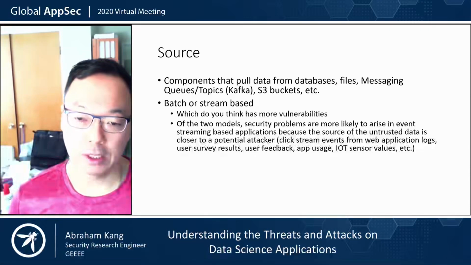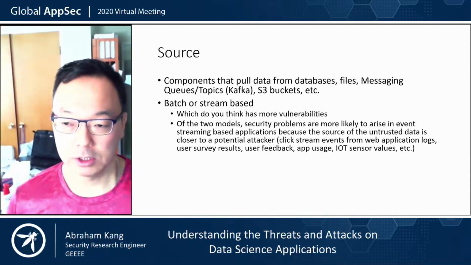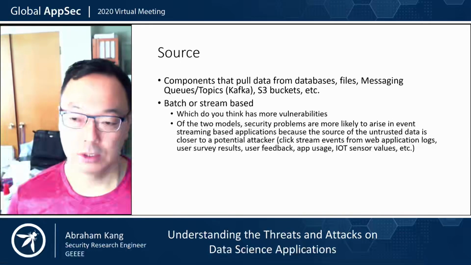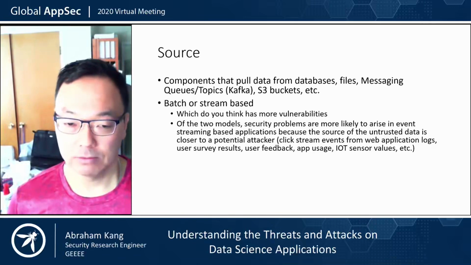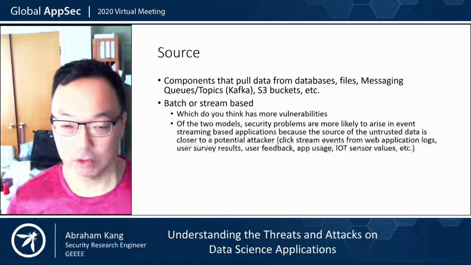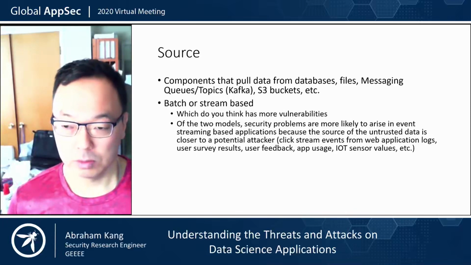Of the two models, it typically happens that the streaming-based applications have more vulnerabilities because the source of the untrusted data is closer to a potential attacker. An attacker is not going to have the data file extract to modify and insert their payloads into.